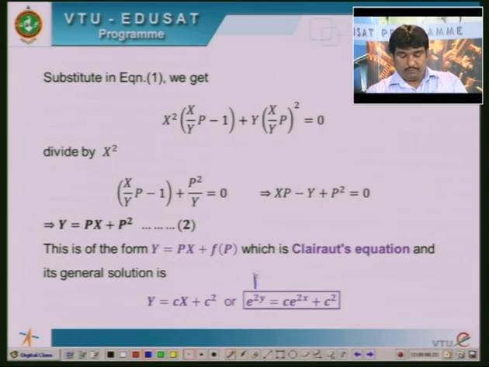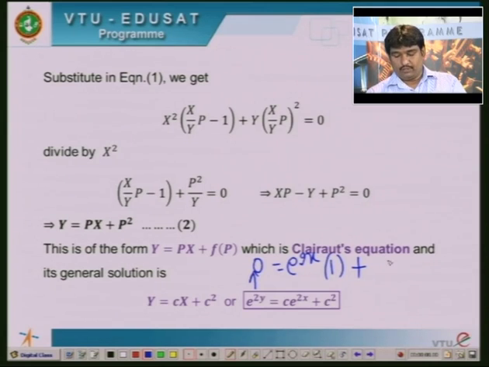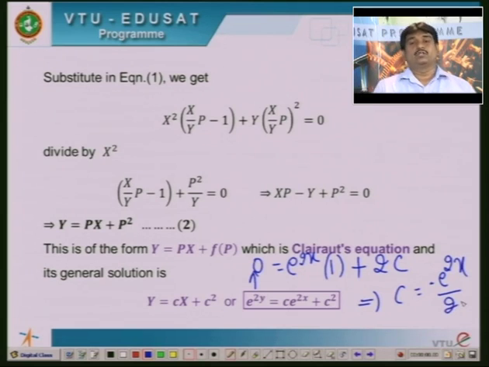Derivative of e to the power of 2y is 0, that equals e to the power of 2x, which is constant, into derivative of c, which is 1, plus derivative of c square, which is 2c. With this, c becomes minus e to the power of 2x divided by 2. This is the c value. I'll substitute the c value in the general solution.